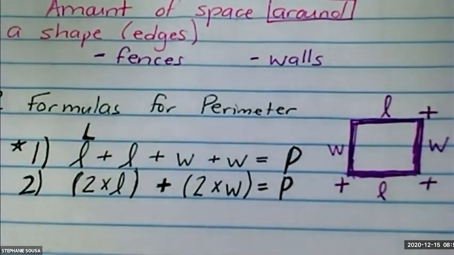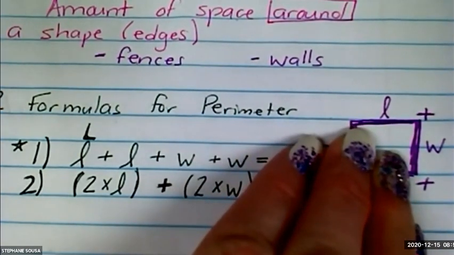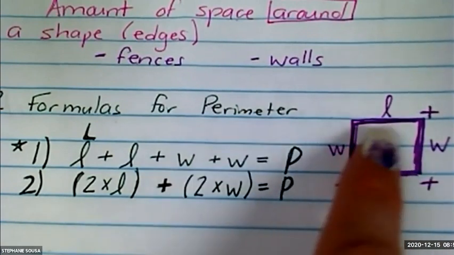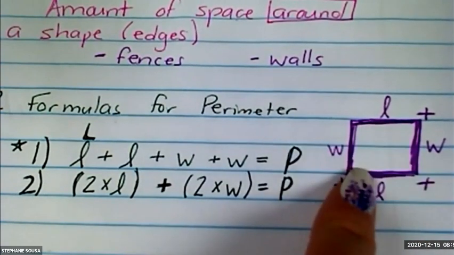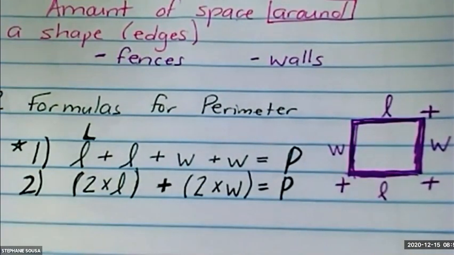Okay, so I've got to add all four sides, right? If I'm making a fence, it wouldn't make sense to only put a fence on half my yard, just my length and my width. That wouldn't make sense because then my dog can go whoop and run away and I'm sad. So we want all four sides, edges, to be accounted for inside of our perimeter.